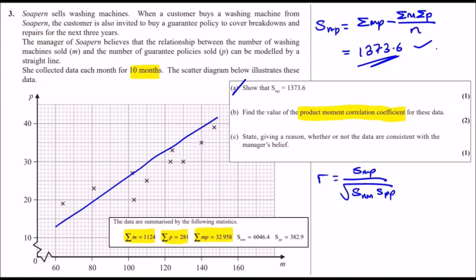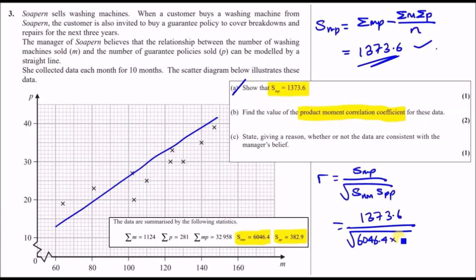So popping in the values, let me just delete these things. You're going to use SMP, so you're going to use the first value here over, so I guess I could quickly write 1373.6 over the square root of SMM, which is here, times SPP. So what I like about this one is that they've kind of already done all the maths for you guys, yeah?